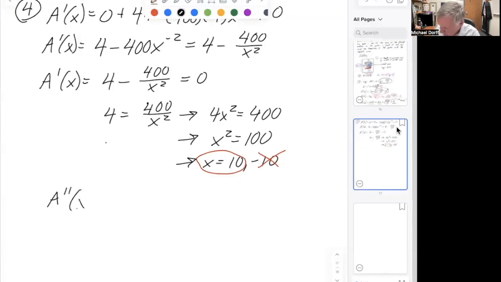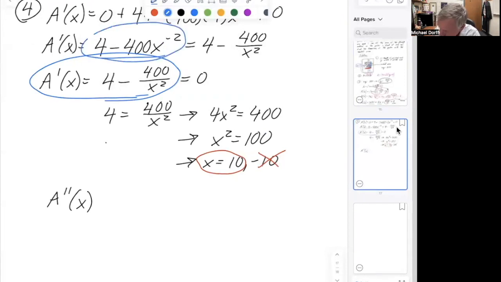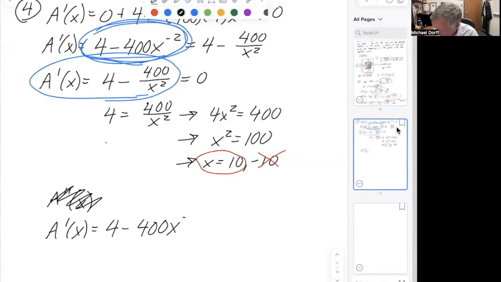All right, so now we need to do the second derivative test. So I take the second derivative of my function. Let me just redo this here. The first derivative here was 4 minus 400 x to the negative 2.